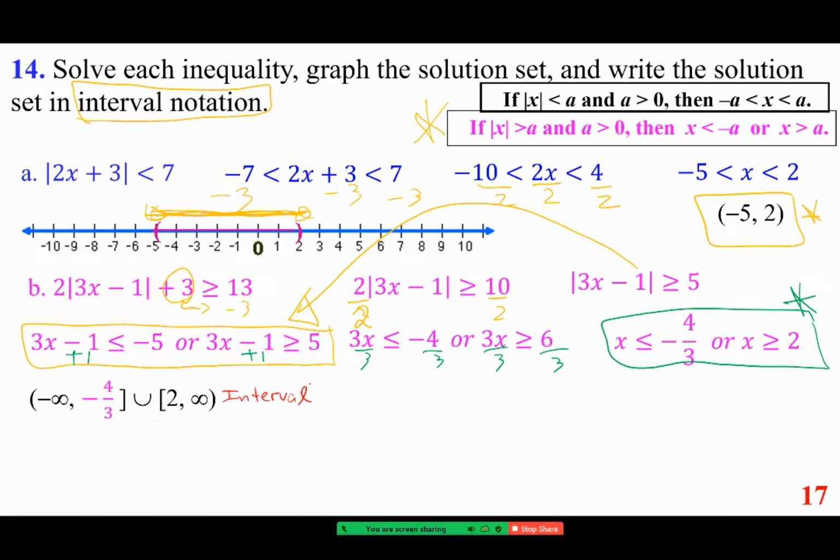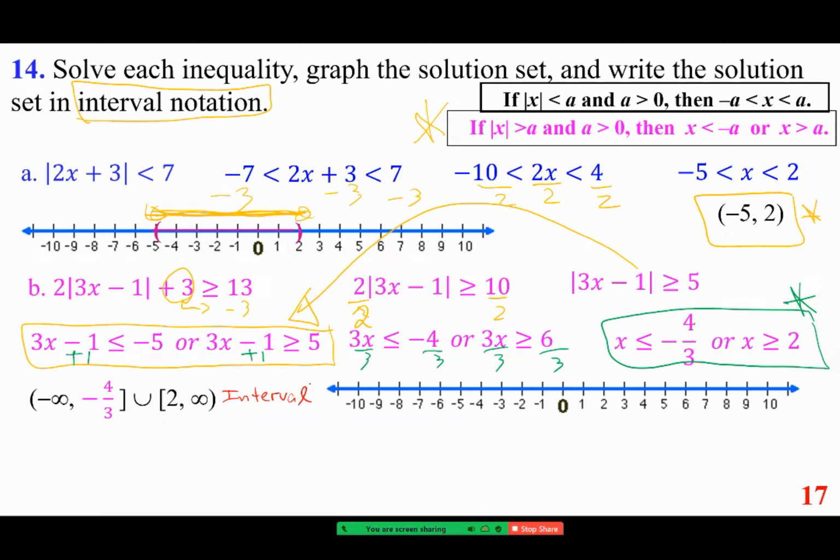Now on a number line, we are going to pinpoint negative 4/3, which is negative 1 and 1/3. So this is negative 1. It's between these two, and somewhere here is negative 4/3. And we either put a bracket or a solid point, and shade to the left. And then we locate 2 here, solid point or bracket, and shade to the right.